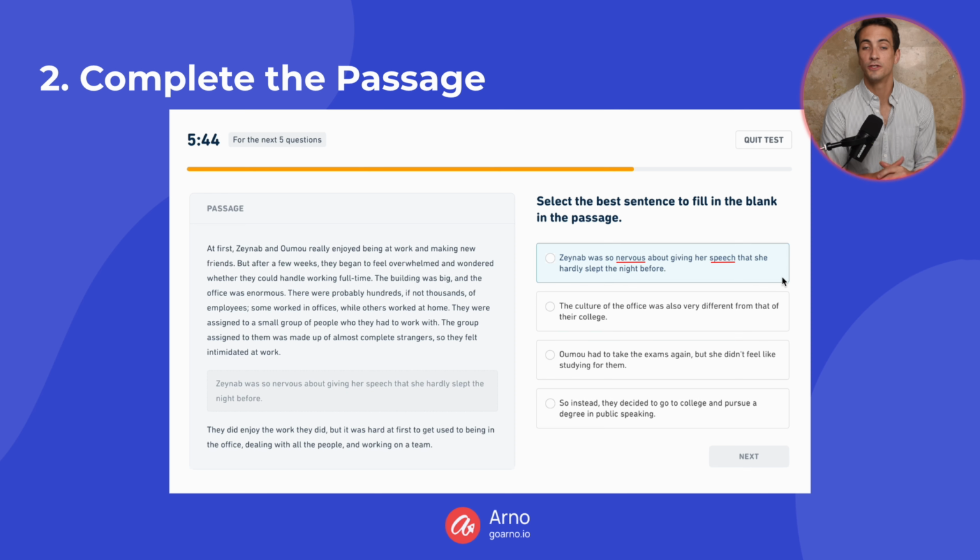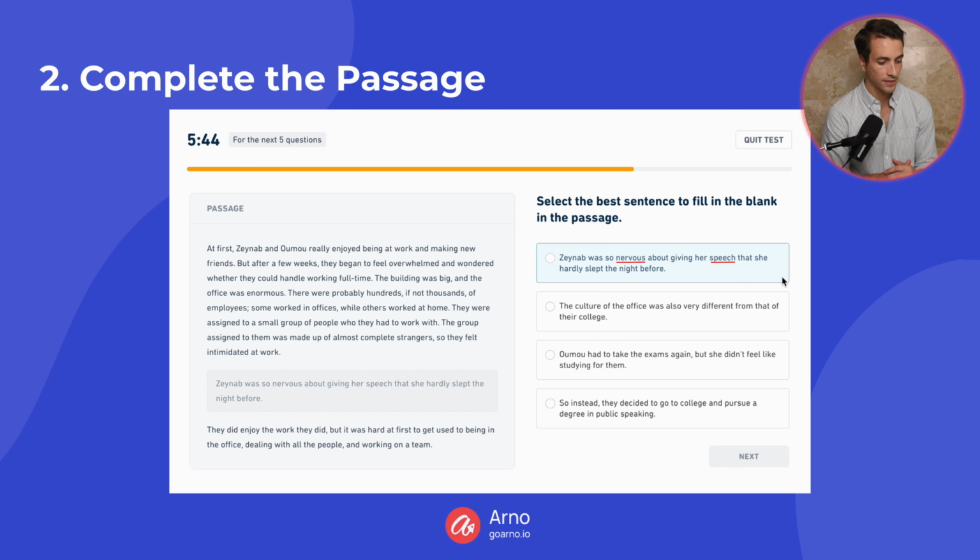So, to determine that, what you are going to do with the complete the passage sentence is read the option in context. So you can see by hovering over the option, Duolingo populates it there for you. This is so that you can read it in context like this. So probably you want to read a sentence or two before and then what comes after.